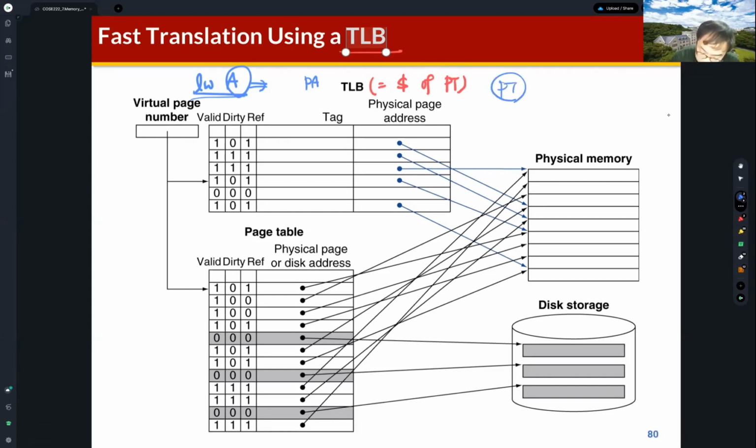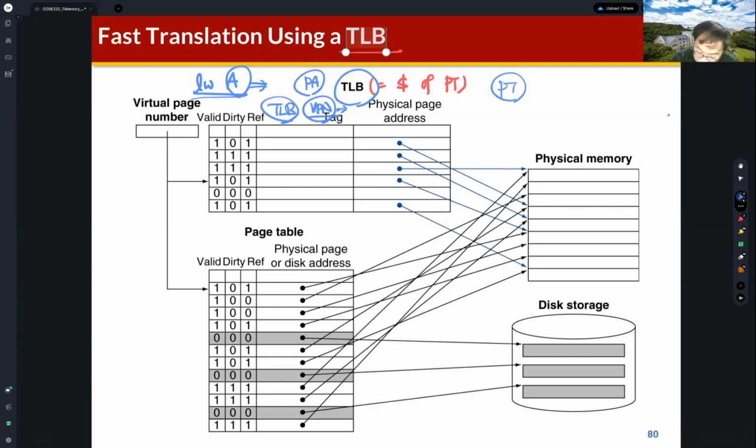But because the processor has the TLB, the cache of the page table, for this translation the processor first accesses the TLB and checks whether the virtual page number is found in the TLB. So the TLB is a cache. The TLB is referenced by virtual page number.